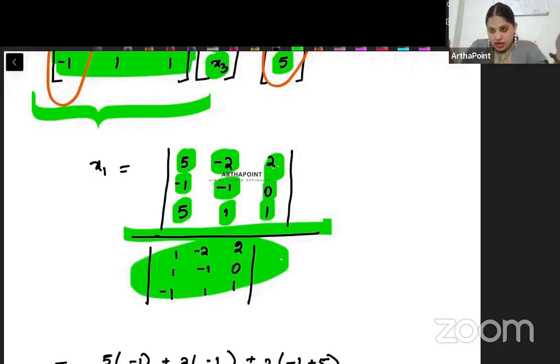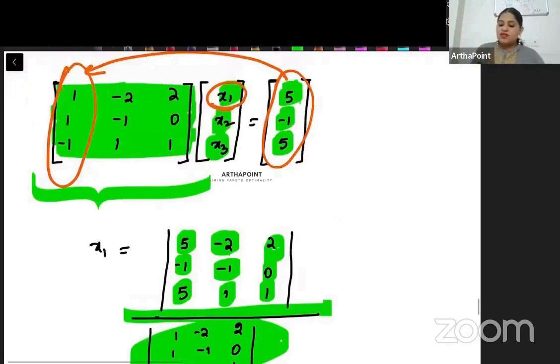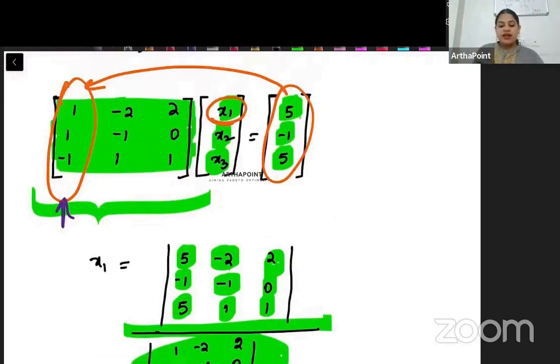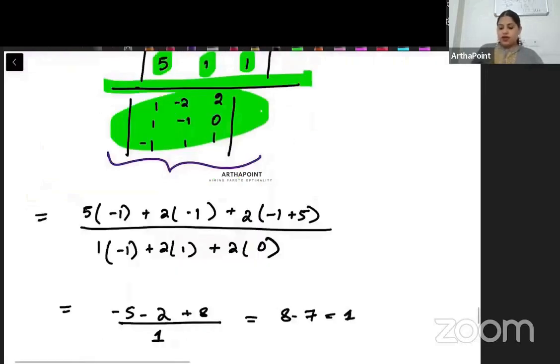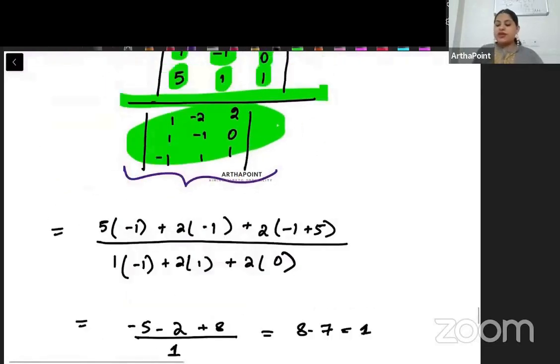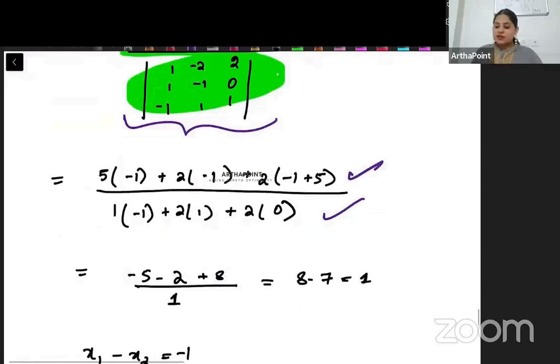But since there are 3 equations in 3 variables, using Cramer's rule is the best thing to do. So you replace the first column with this, write the numerator determinant, and then the denominator determinant.